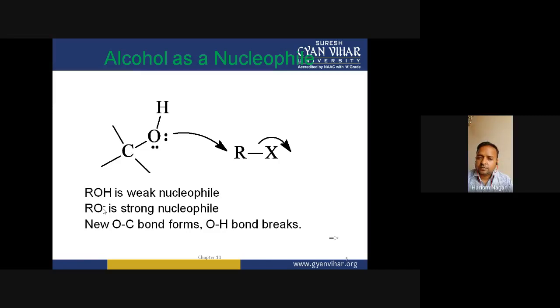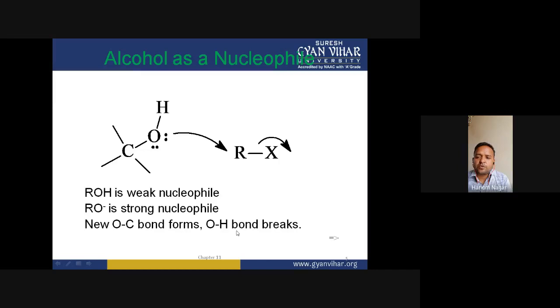The man who has free money to give will give easily. It means he is the stronger donor. So the species that has negative charge, or free electrons to give, is the same case here. This has the negative charge which is free to give. Okay, that's why it is a stronger nucleophile than ROH.